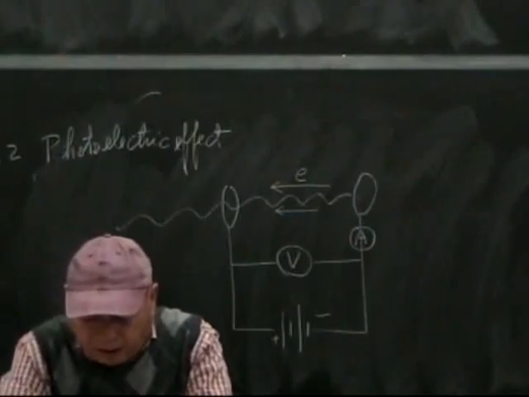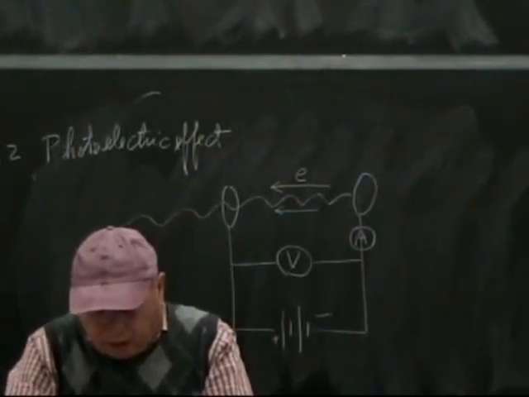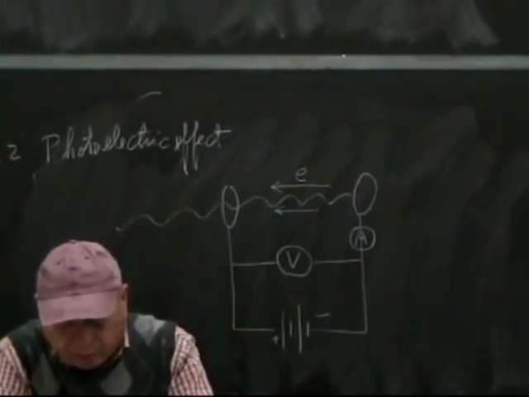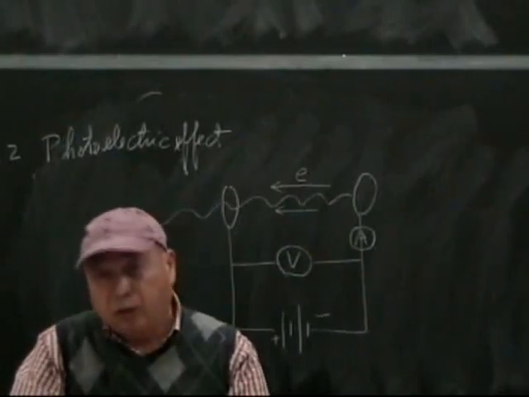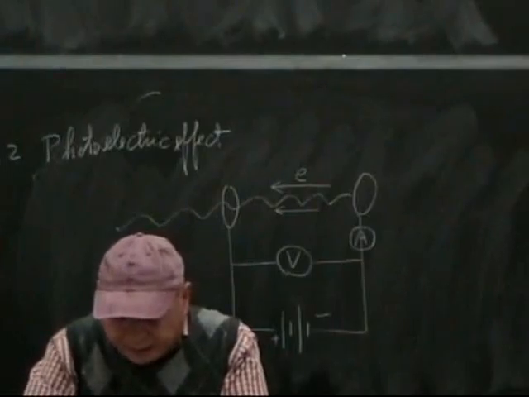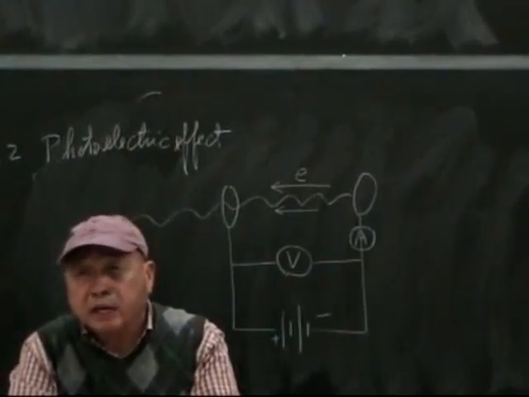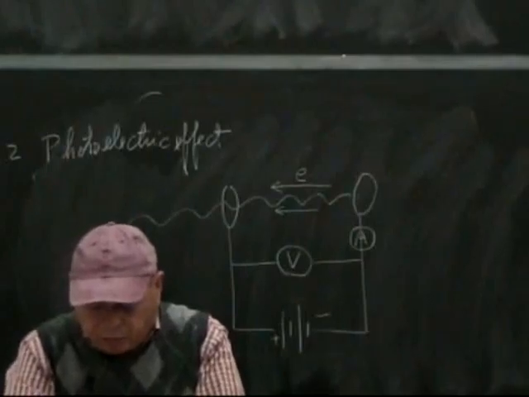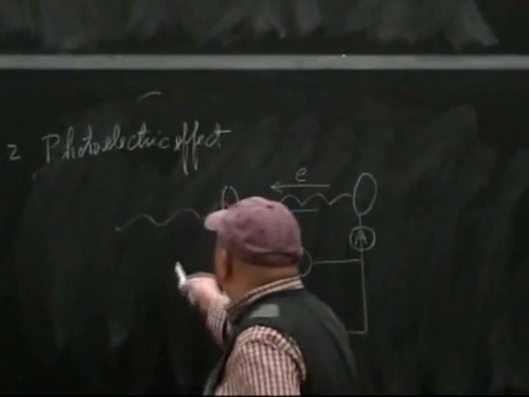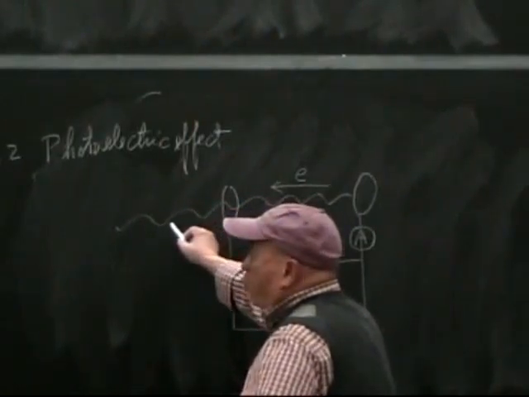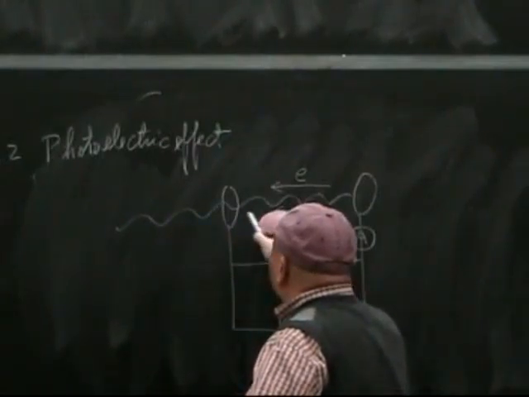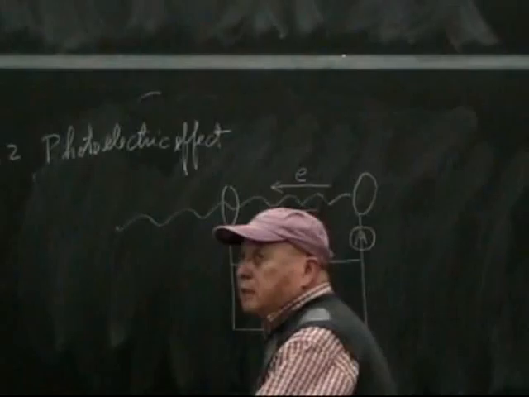Number one, they observed the dependence of the photoelectron kinetic energy on light intensity. The classical prediction is that more intensity gives you more current. But in certain cases, no matter how intense the light is, the current doesn't increase.